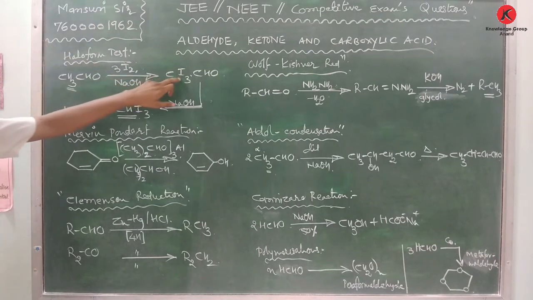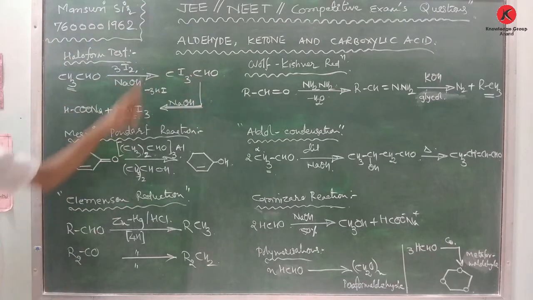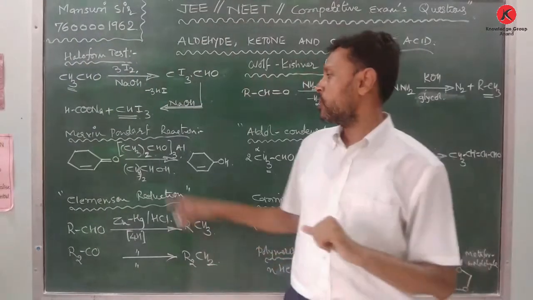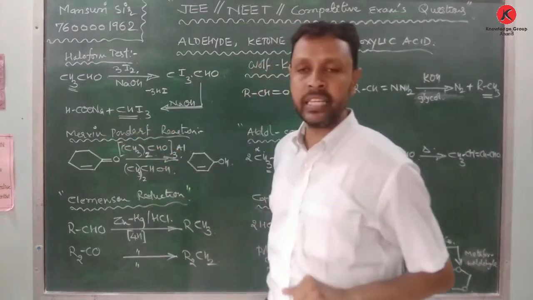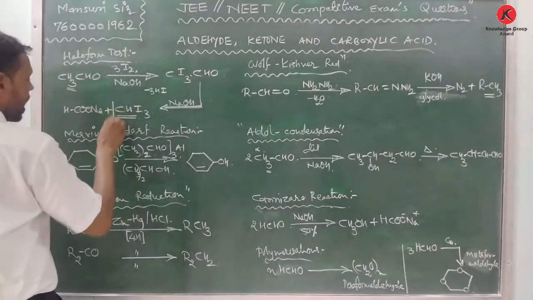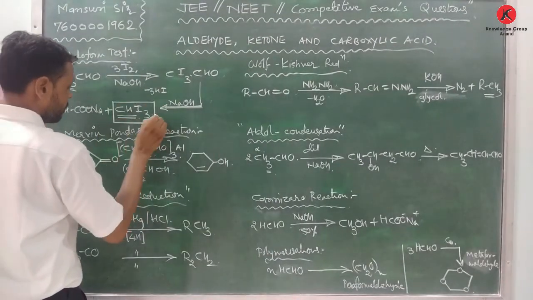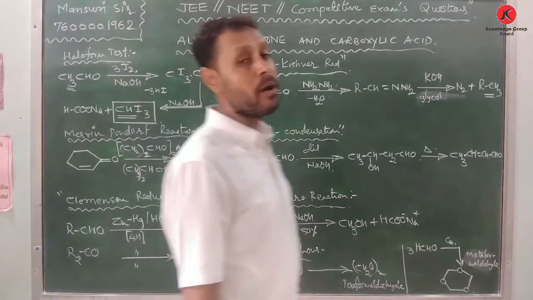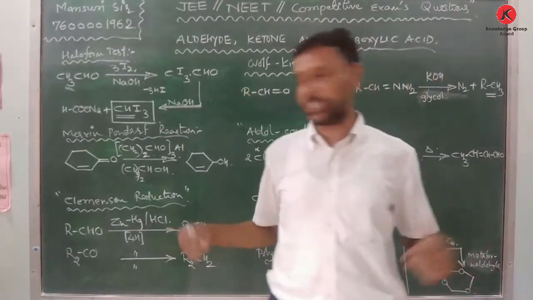That is why CI3CHO is formed. Thereafter, by reaction with NaOH, you can obtain CHI3. This is your iodoform. So ethanol gives this test. Means ethanol reacts with 3 moles of I2, iodoform will be obtained. This reaction is known as haloform reaction or haloform test.